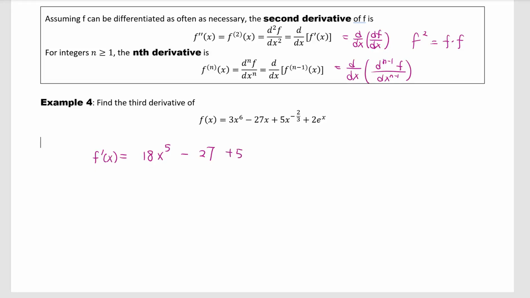The constant stays there, move the exponent down in front, and then x to the exponent minus 1: negative 2/3 minus 1 is negative 5/3. The derivative of e to the x is e to the x, and the constant multiple 2 stays there. Let's simplify: 18 x to the 5th minus 27 minus 10 over 3 x to the minus 5 over 3 plus 2 e to the x.